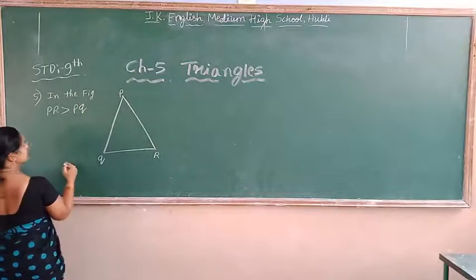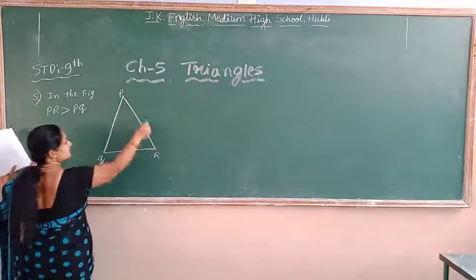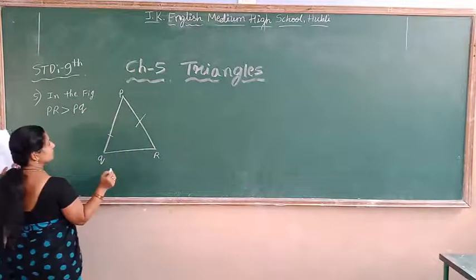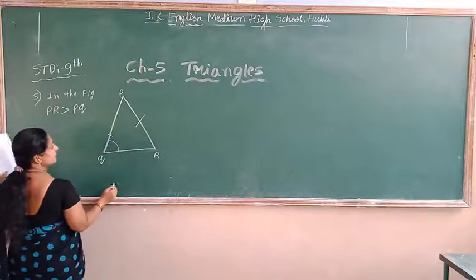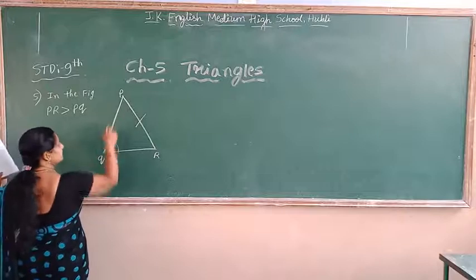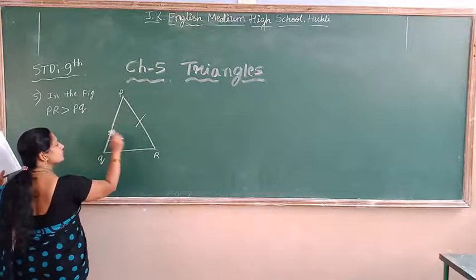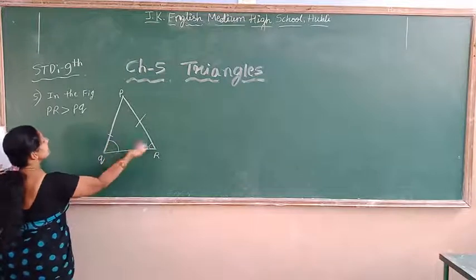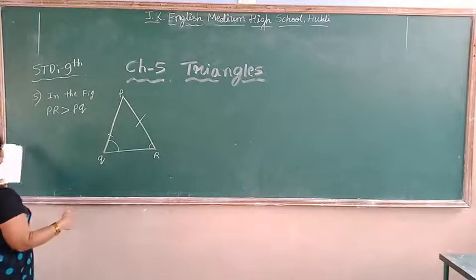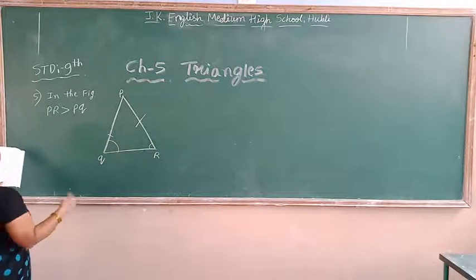So PR is greater than PQ means the angle opposite to the longer side is bigger than the angle opposite to the smaller side. This angle is smaller than this and this is greater than this, dear children. Okay, we come to know that.